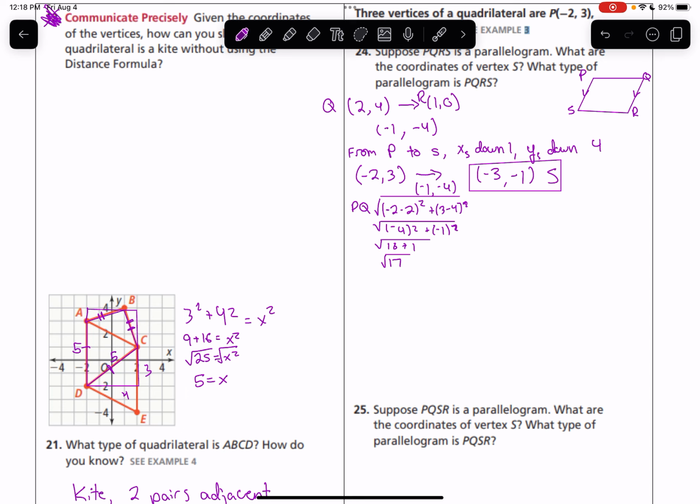Then we'll try an adjacent side, QR. So QR is going to have a length of, well, we've got -2 minus 1 squared plus 4 minus 0 squared. So this is a +2 minus 1, right?